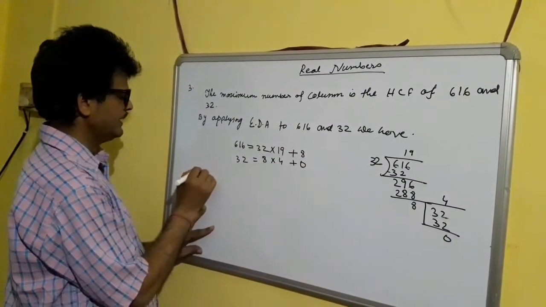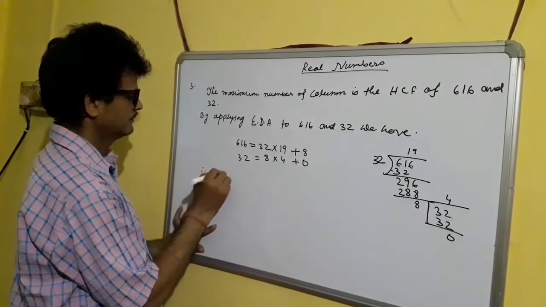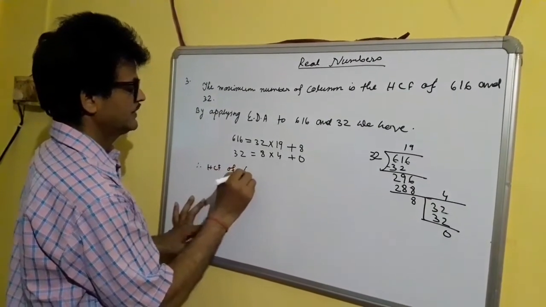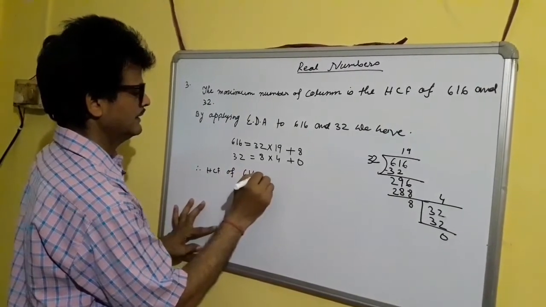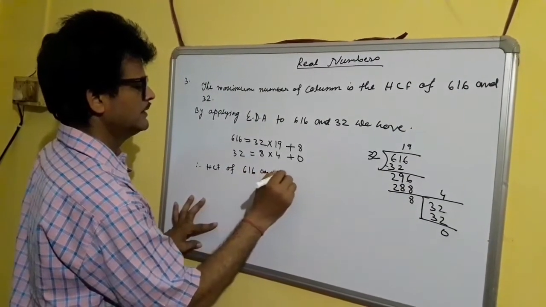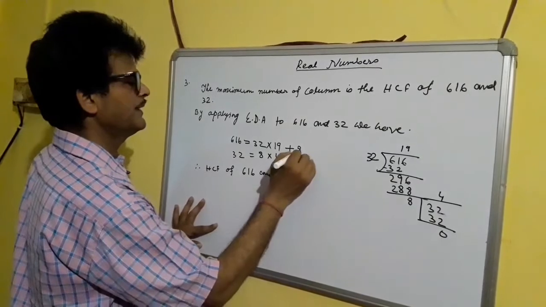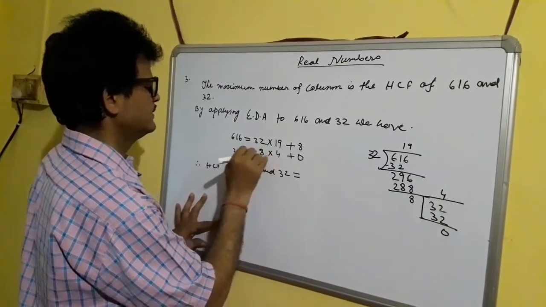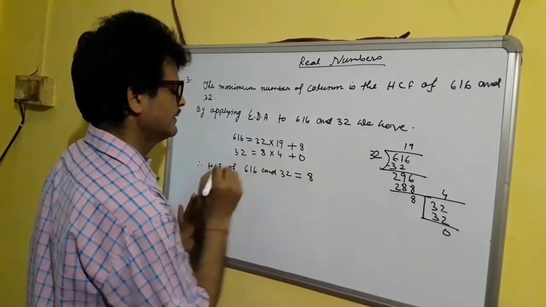Therefore HCF of 616 and 32 is equal to 8, the last non-zero remainder, or the last divisor, which is 8.